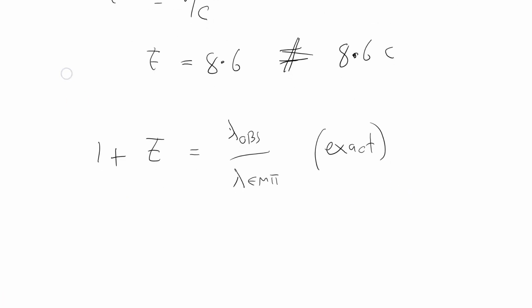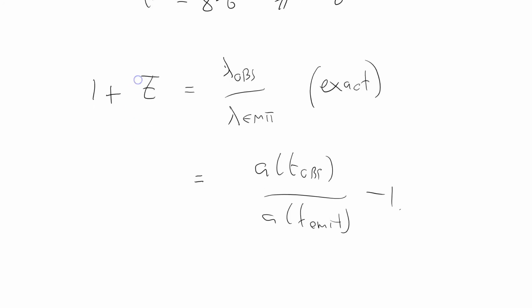So if we want to work out the actual speed of the galaxy as emitted, we need to use this exact equation here, and we need to specify that that's equal to a of t obs over a of t emit minus 1. But of course, to do that, we're going to need to know about the history of the expansion of the universe, because we need to figure out what this thing is and what this thing is here, and it was emitted maybe millions or even billions of years in the past. So we need to know about the long-term evolution of the universe, which I'll cover in the next screencasts.